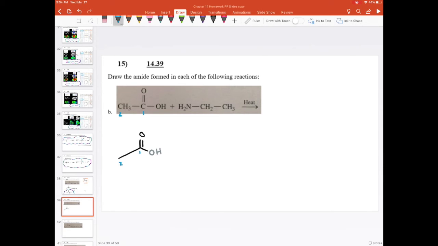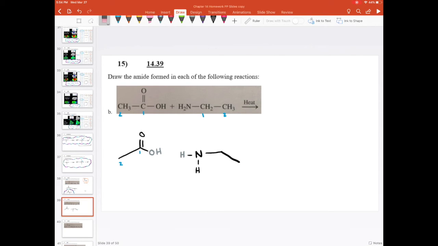Then on the nitrogen, I'm going to have 1, 2. So let me draw that nitrogen. I'm going to draw the hydrogens with individual bonds to them. So I've got that there. And then there's 1, 2. Okay, so those are my two molecules.